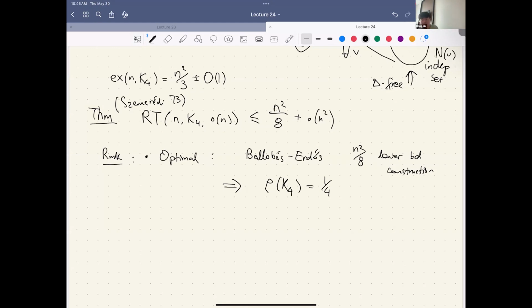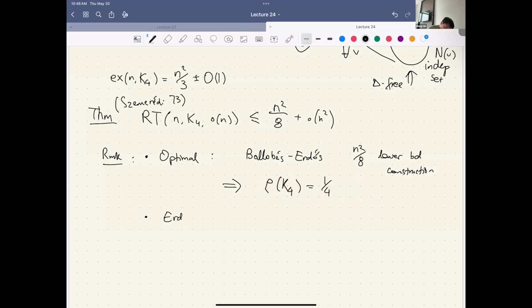That's the first remark. The second remark is that in general, for the Turán problem, we have the Turán density determined for every graph H, which is just 1 minus 1 over chi of H minus 1. Right?